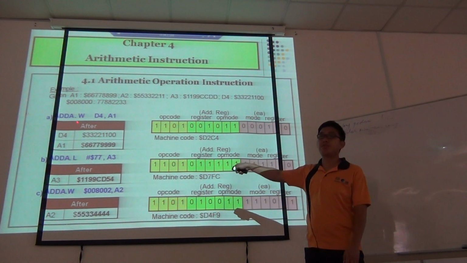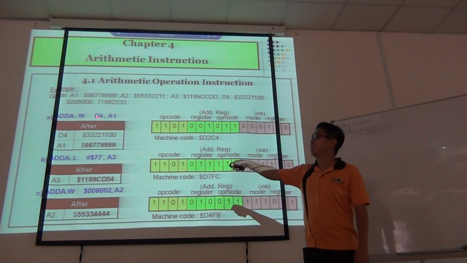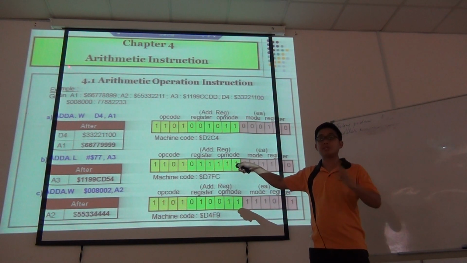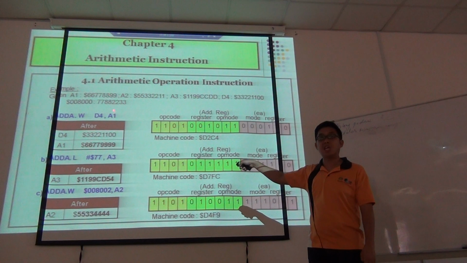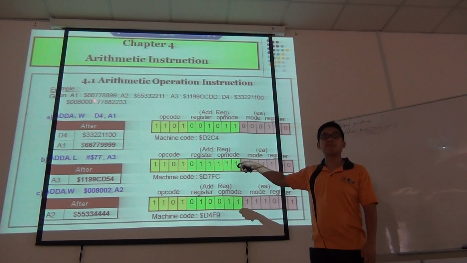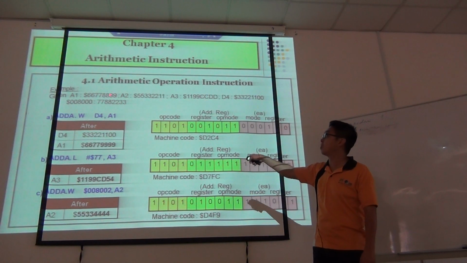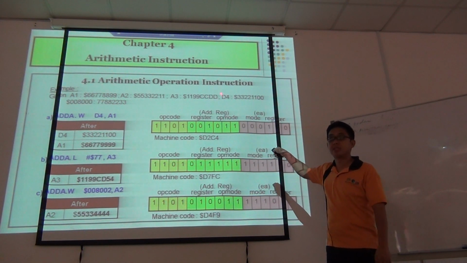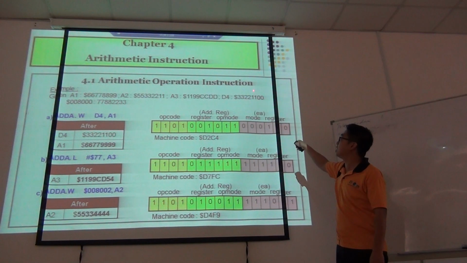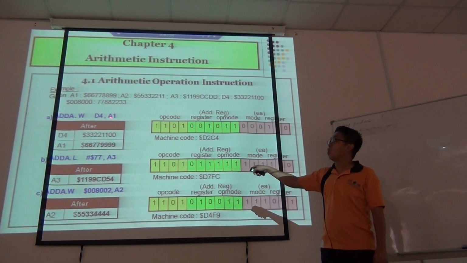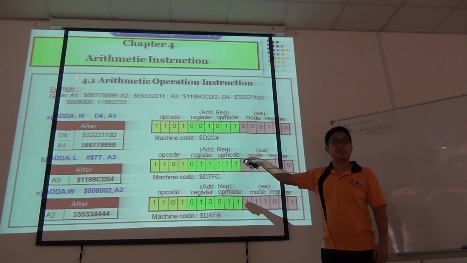Okay, now at ADDA.w D4,A1. You have to add word size from D4 and A1, and the final answer must be put at A1. Okay, D4 is given this number. The last 4 is 1100. A1 is given this number.